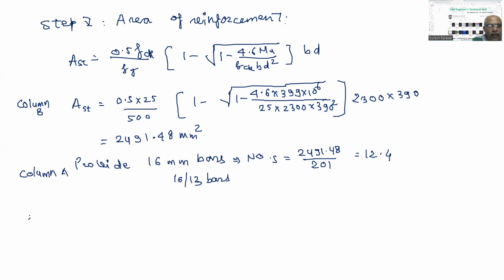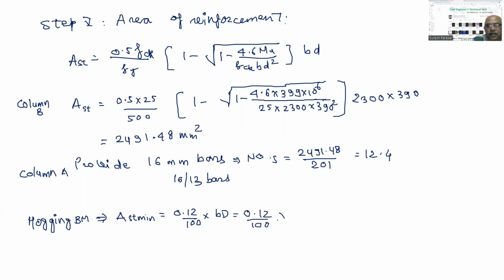And then for the hogging bending moment, we have to provide AST minimum. Actually, above steel also we have to check for AST minimum, and we have this as 0.12% of B into capital D, that is most important.